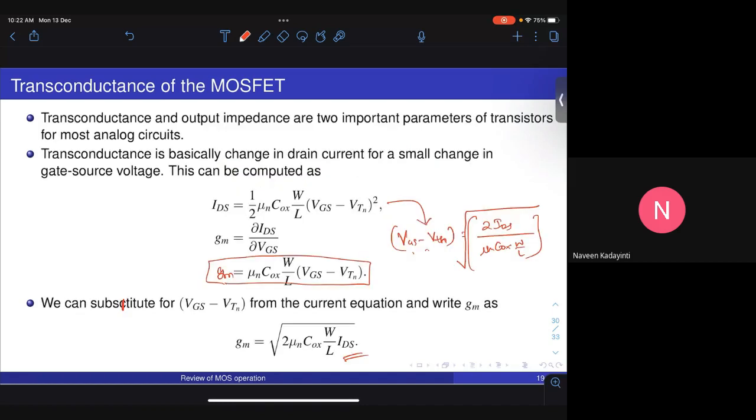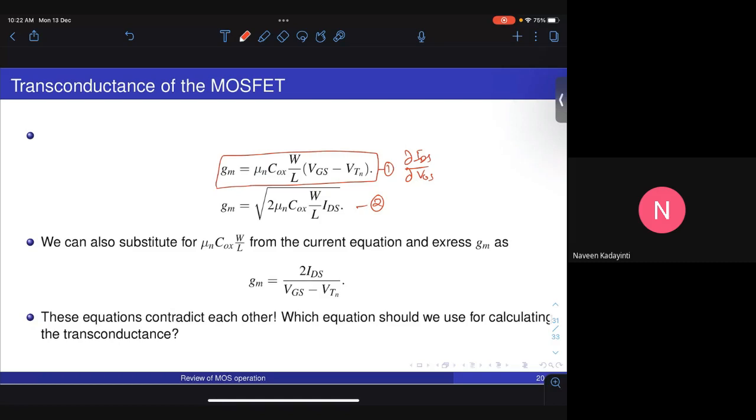Let me just write it here so that I don't have to switch too many times, into VGS minus VTN the whole square. I can substitute for μn Cox W by L as 2 IDS upon (VGS minus VTN) the whole square.